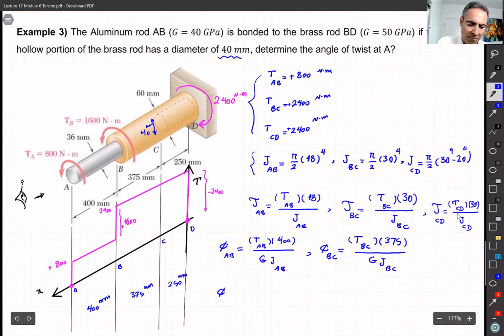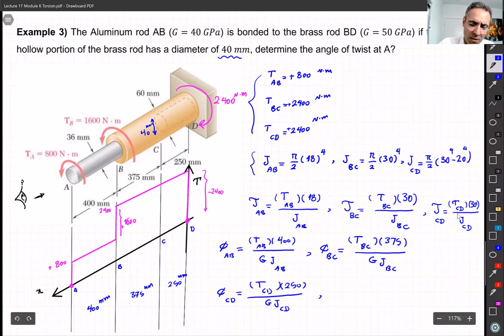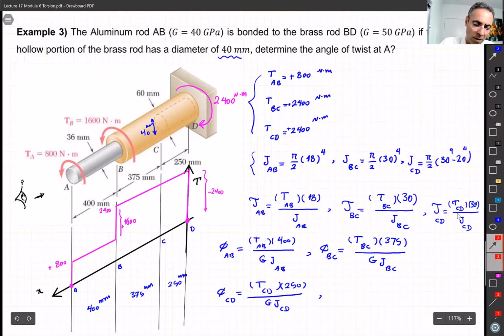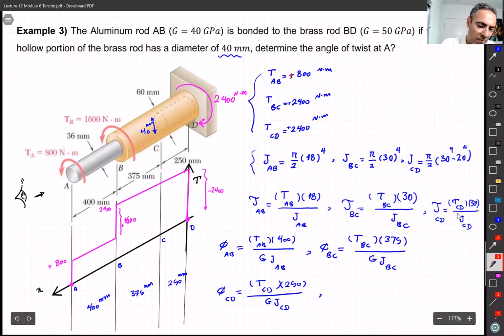And then phi CD is TCD, its length 250, JCD. All right. So we also keep the sign, right? Like this T, they are all positive. So we keep this positive sign here.